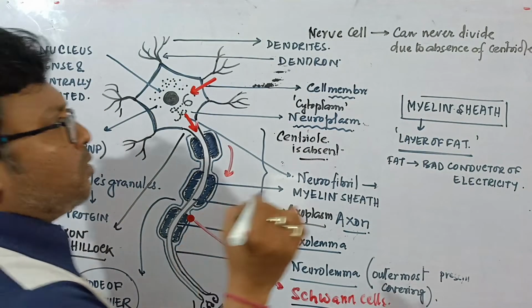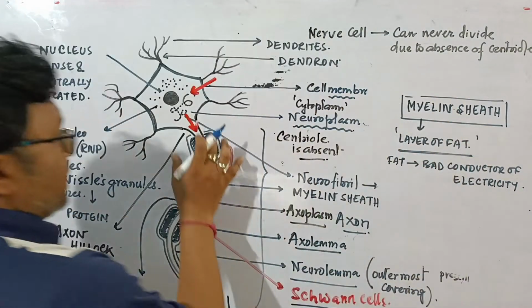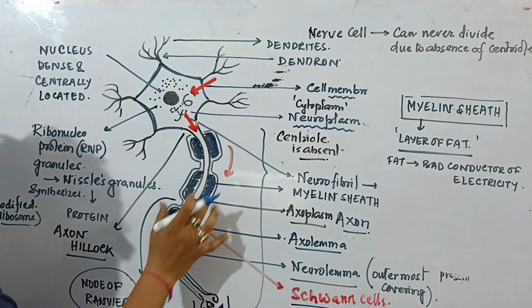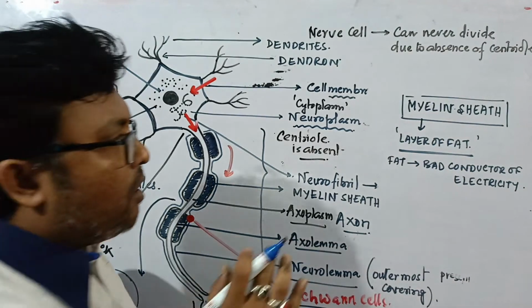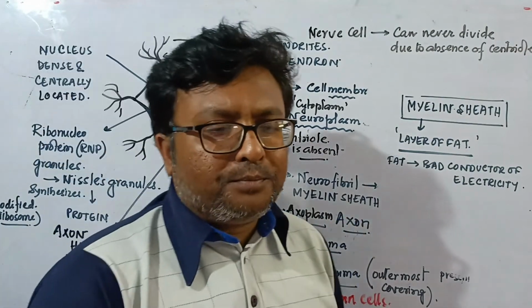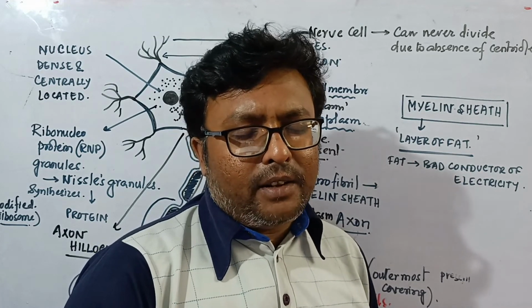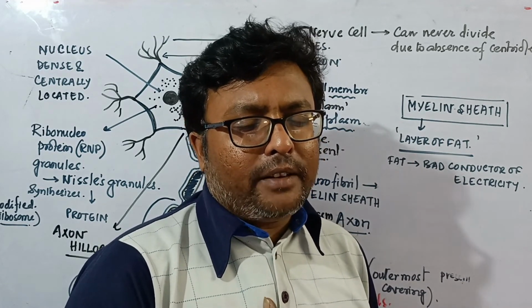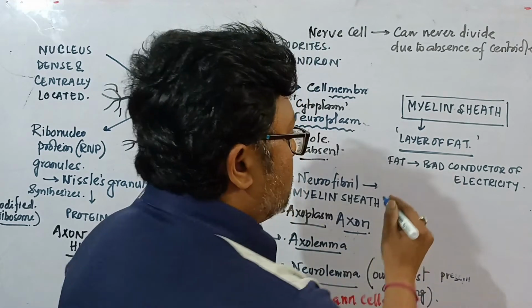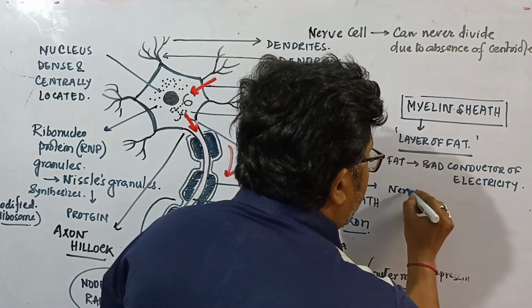Okay, now the function of the axon is to carry nerve impulse. We can say that it is generally carried in the form of electrical impulse.